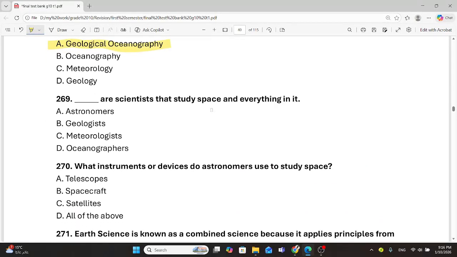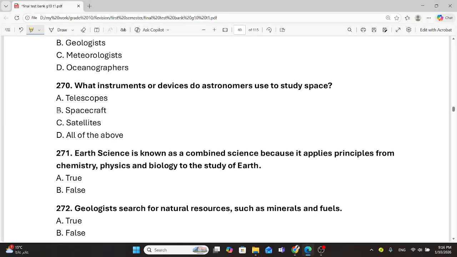The scientists that study space and everything in it are astronomers. What instruments or devices do astronomers use to study space? Telescopes, spacecraft, satellites: all of the above.